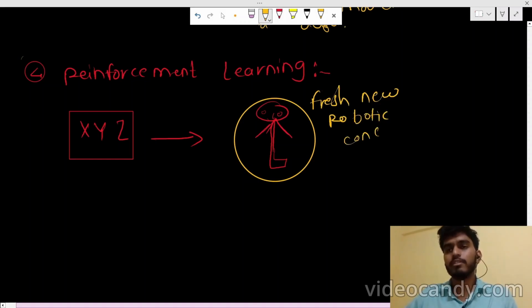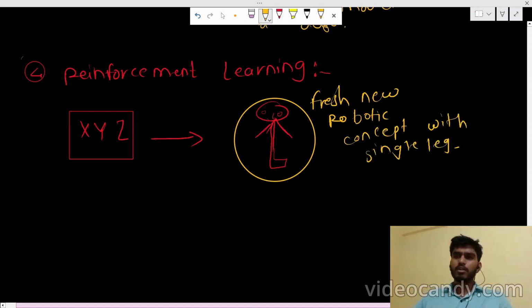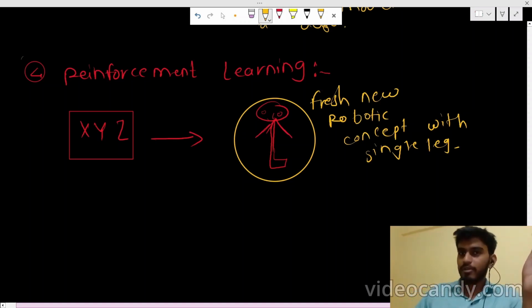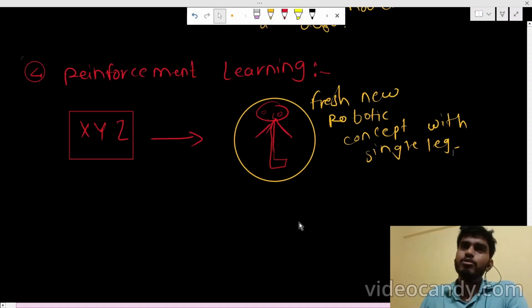Now, if these kinds of robots were never created before, that means the data is not available. To train this robot, you don't have data, right? So now you can't use supervised learning and unsupervised learning. So that's why reinforcement learning is there.